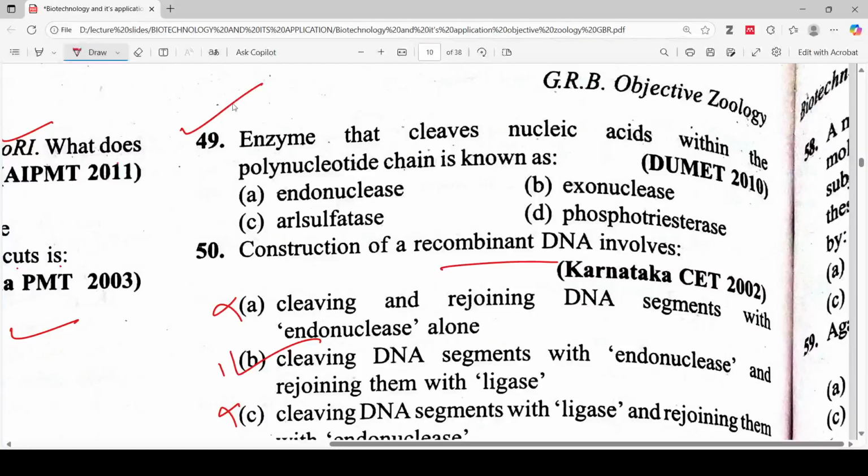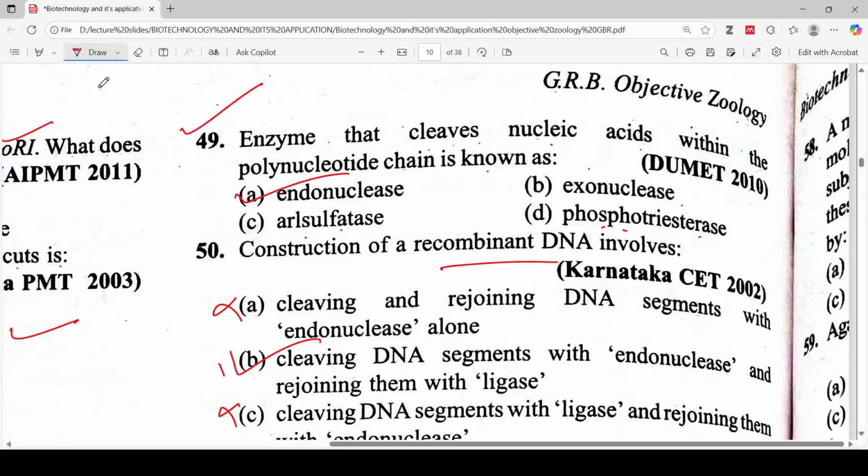Next question, question number 49. Enzymes that cleave nucleic acid within the polynucleotide chain are known as endonuclease, aryl sulfatase, exonuclease, and phosphotriesterase. So here the correct answer is option A, endonuclease.